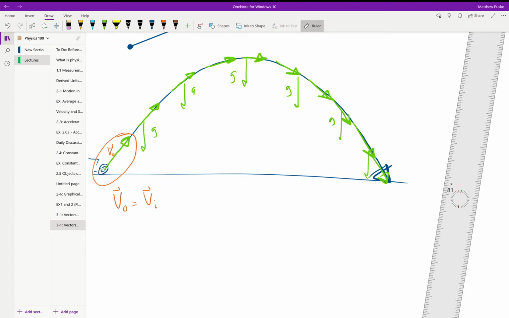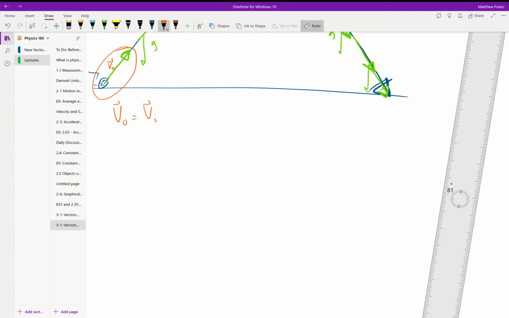Typically one of those two. We need to take this vector, I'll redraw vector V naught. Let's go ahead and create some sort of origin system. This would be our x direction and our y direction.